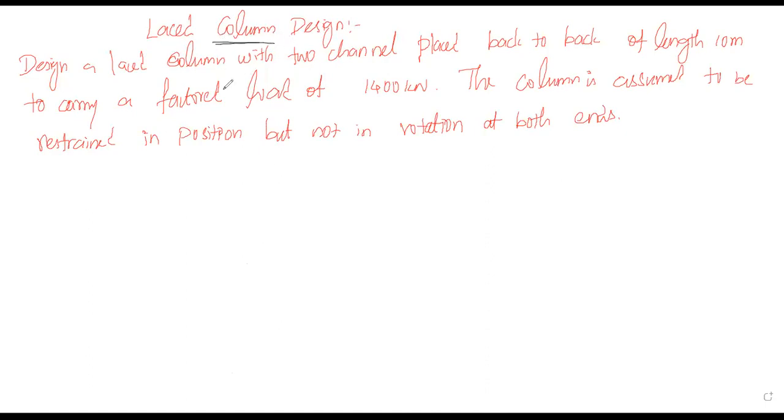Okay, so first one is they have given that the factored load P is equal to 1400 kilonewton acting. Then the length of the column is 10 meter.